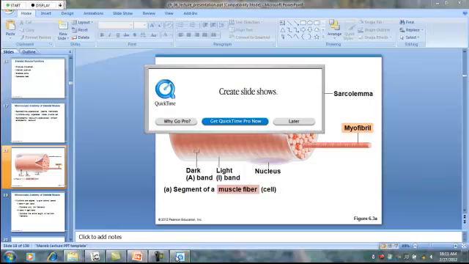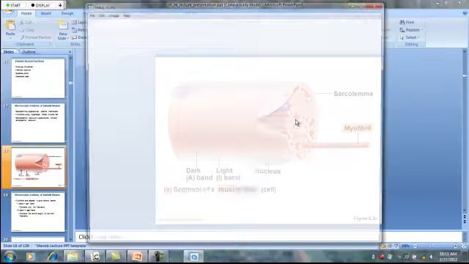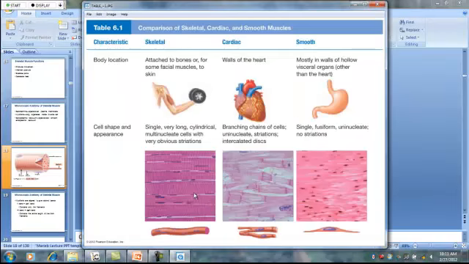Okay, so I wanted to bring this up because you have this in your book, and it's the best way that I can explain how the three different types of muscle tissue are going to look under the microscope. I'm not going to take you to the lab and show you it, so you're just going to have to assume that if you were to take out a microscope and prepared slides of these three types of tissues, this is what skeletal muscle would look like. What you're seeing here is this one area in between, a little bit of white space here.